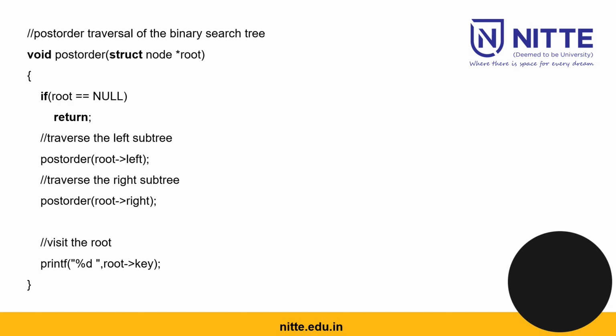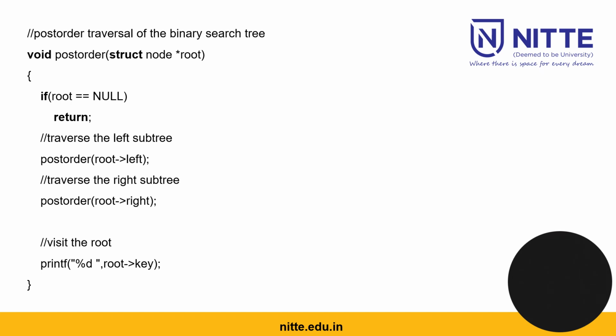Then we will see the post order traversal of this tree, that is the binary tree. So void postOrder struct node star root. Okay, we will write a post order traversal with struct node star root. And if the root is equal to null, then it will return. Otherwise, as per the post order traversal condition, it will first traverse the left subtree.